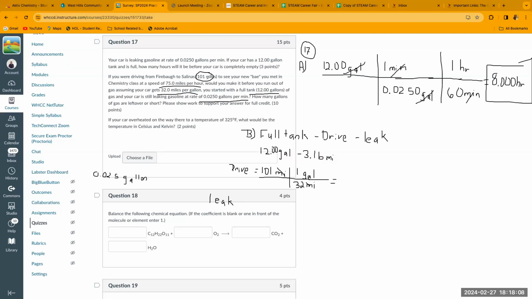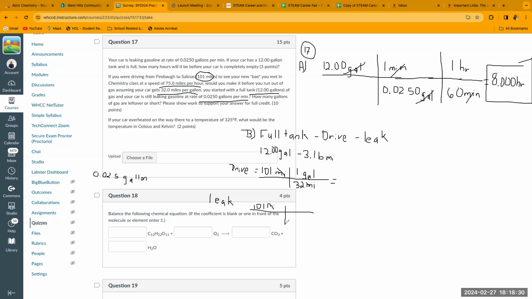Okay, what is something that is just plain units? That's right. We're going to start off with the 101 miles. So we have 101 miles that we're going to be traveling.